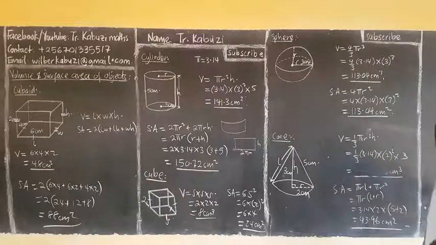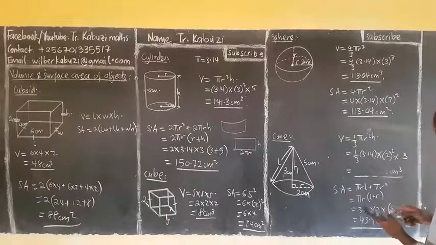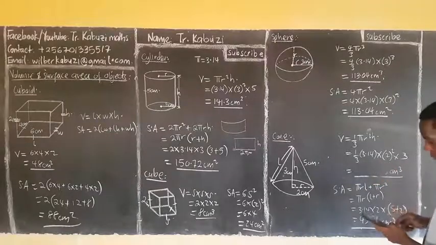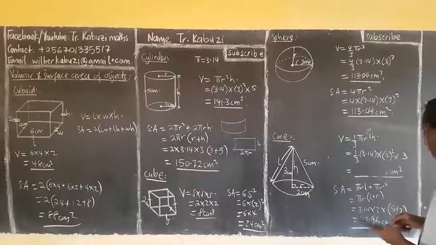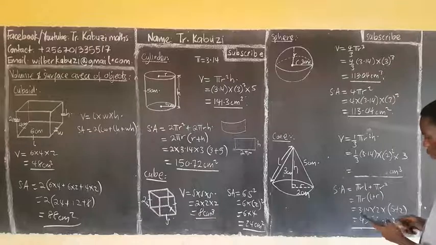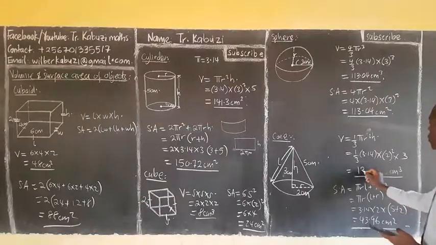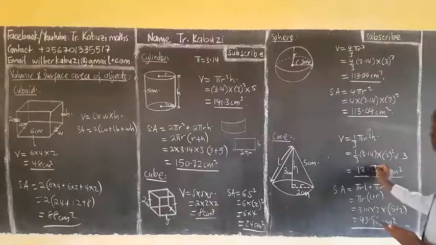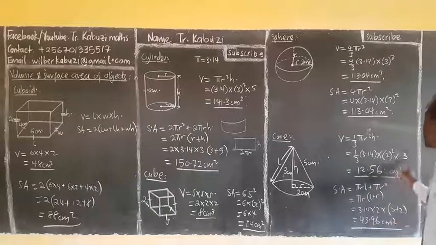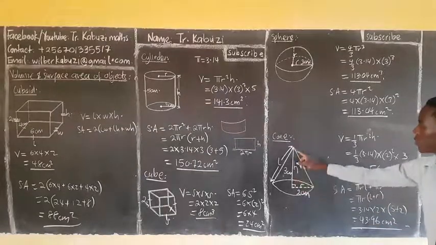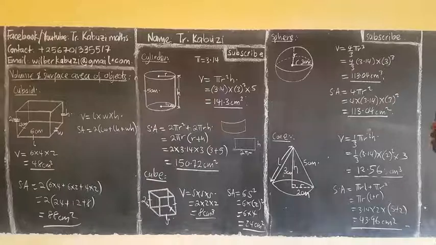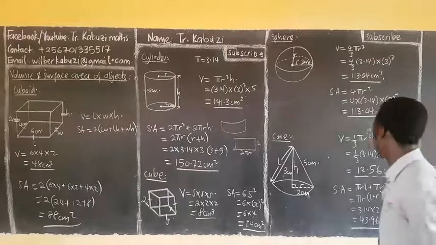So from here, this 3 is going to cancel, so I'll be having 3 times 4, which will be 12.56. So my height was 3 from here. Then if I give you now this, my slanting side is 5, my radius is 2. So this one is okay. This is where we had a mistake from.